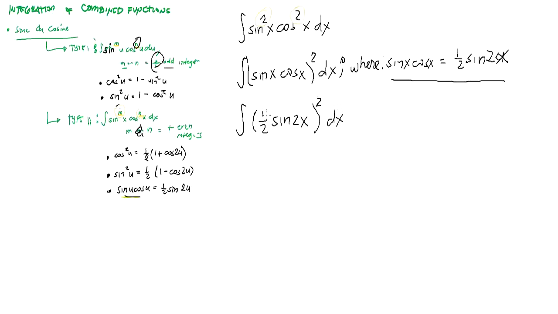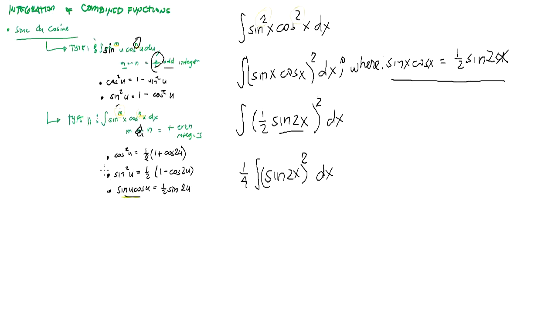Simplifying further, we have 1/2 squared, which is 1/4, and then the integral of sine 2x squared dx. From here you should notice how we can integrate this sine 2x squared dx.